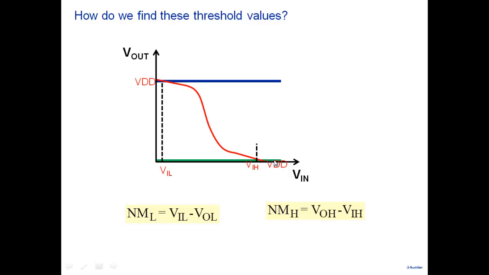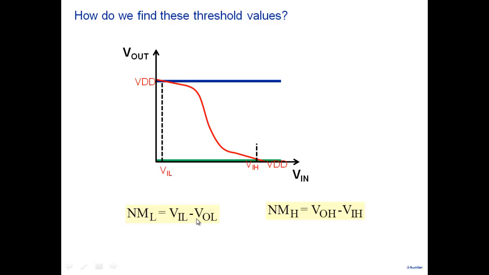Let's take this case here, where my definition of VOH is equal to VDD. So if VOH is equal to VDD and VOL is equal to 0, what is the noise margin? Let's start with an extreme case. VOH is equal to VDD. If VOH is equal to VDD, what is VIL?